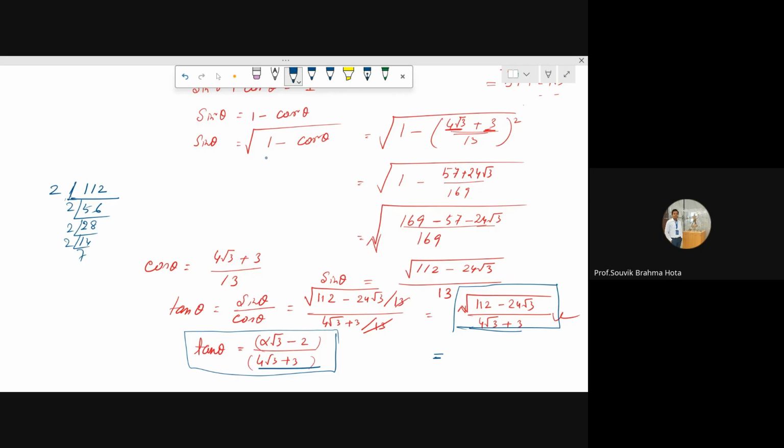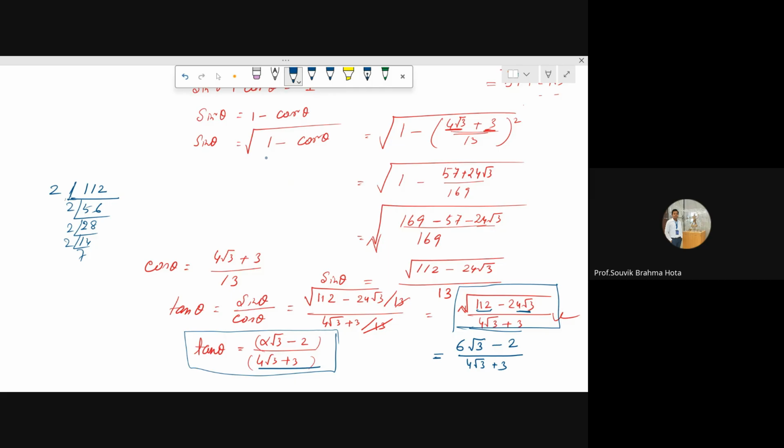So what we can do, if I consider that part 24 root 3 and here 112, that can be equated with (6 root 3 minus 2) by (4 root 3 plus 3).